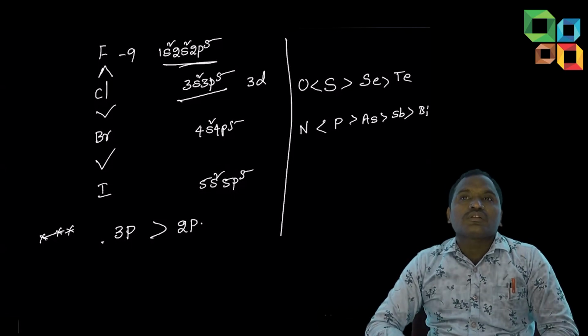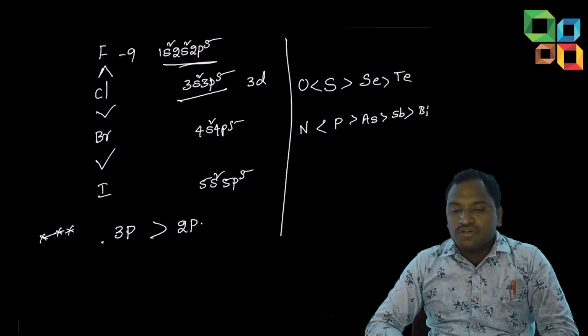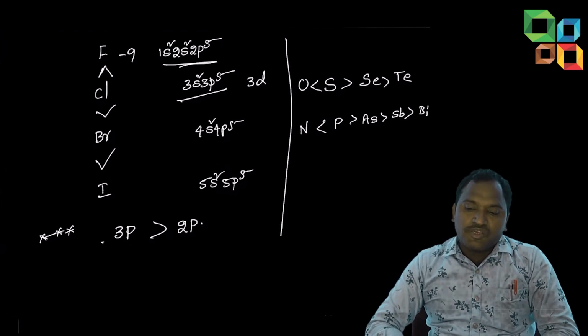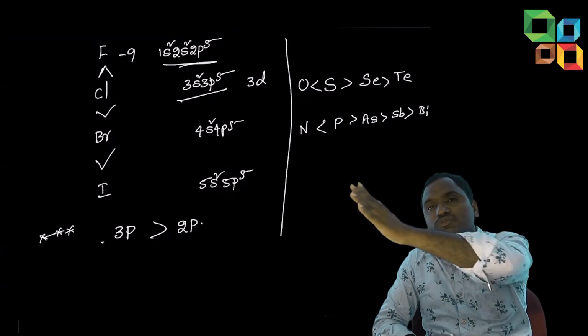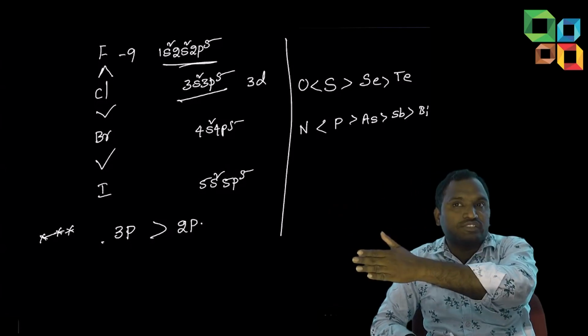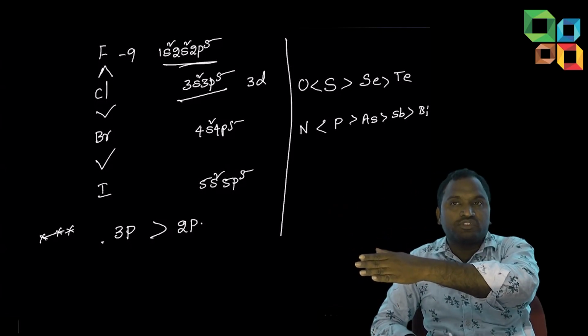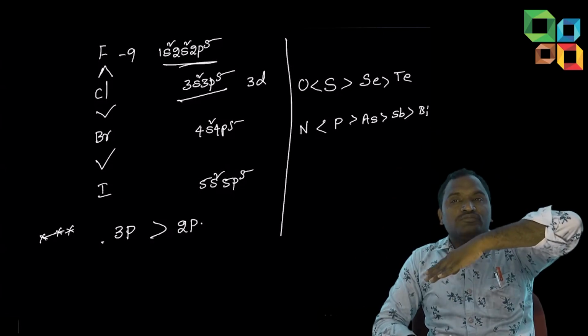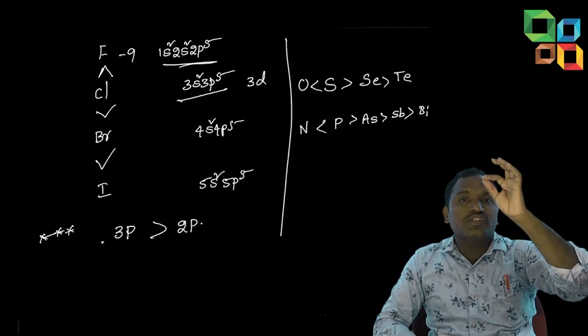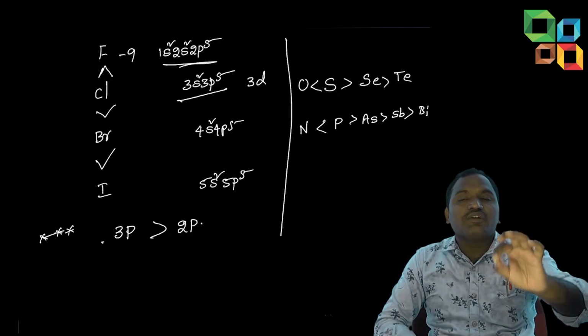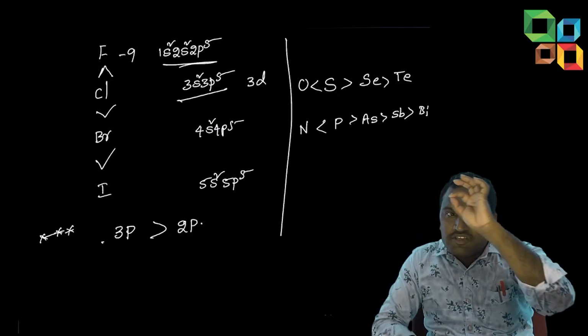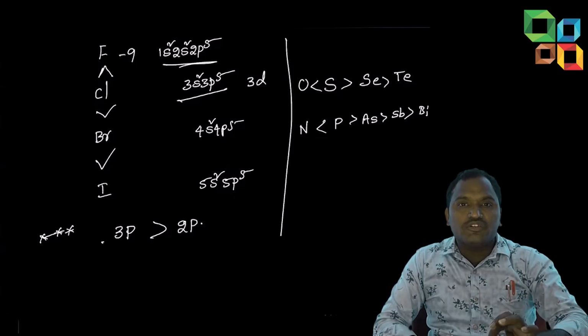So this order, I hope, is clear. Among all the elements in the 17th group, which has more electron affinity? Fluorine. See here, from the first group to the 17th group, electron affinity is increasing. Again, from top to bottom, the second element has more electron affinity. From this, what we can say, 17th group elements have more electron affinities. In that 17th group, which element has more electron affinity?